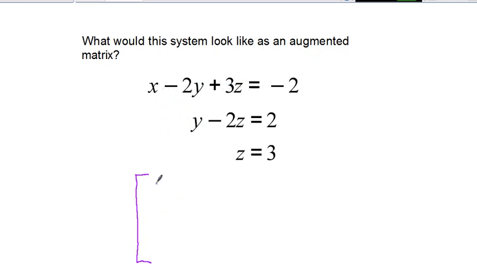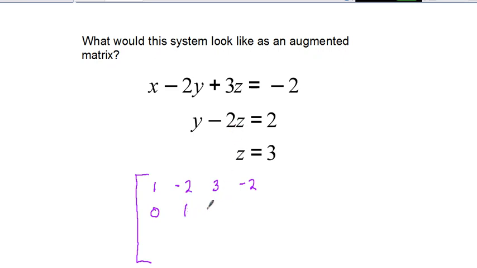So we have 1, negative 2, positive 3, negative 2. And then our next row, well, we don't have any x's, so we have to include a 0. And then coefficient of y is 1.